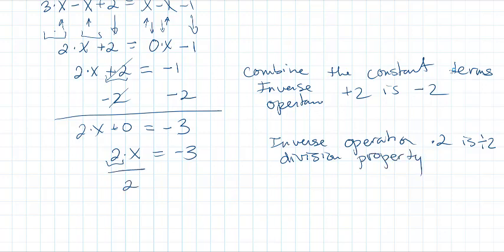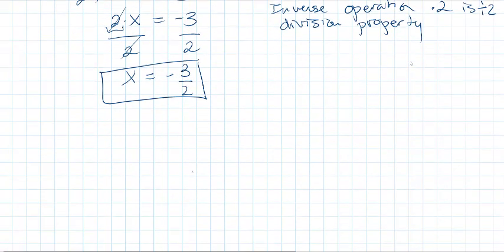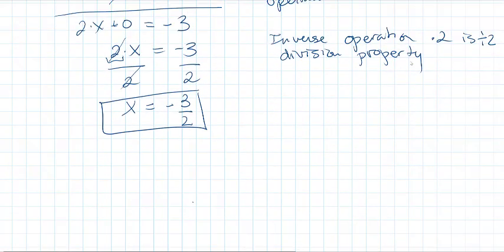So we divide both sides by 2 using the fraction symbol. Now on the left we have 2 times x, divided by 2, and since it's the same 2, we can cancel them. It's like saying we have 2 halves, which is just a whole, equals negative 3 halves. So that is our result, and we can check the result, right? We check by substitution.